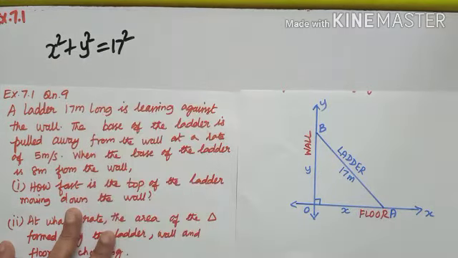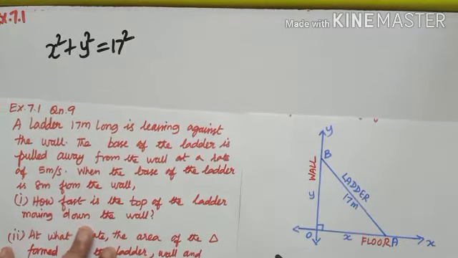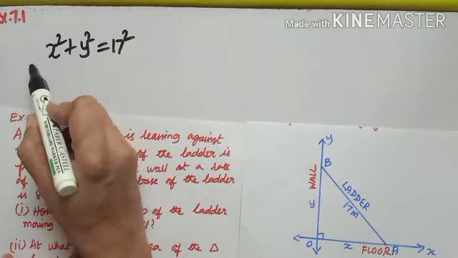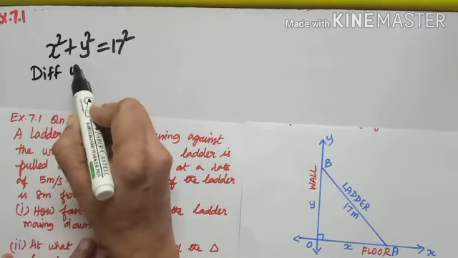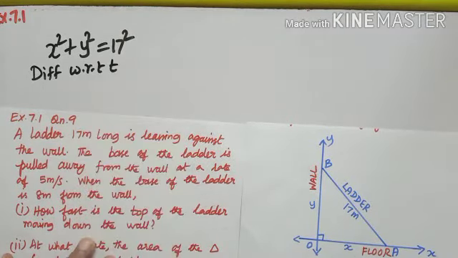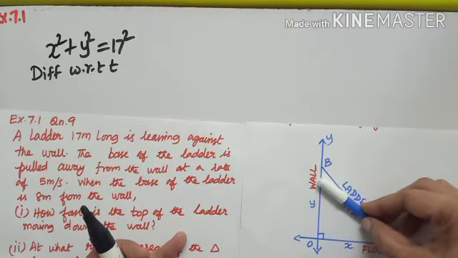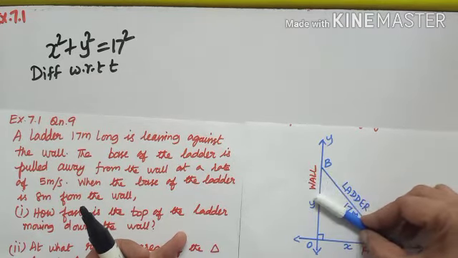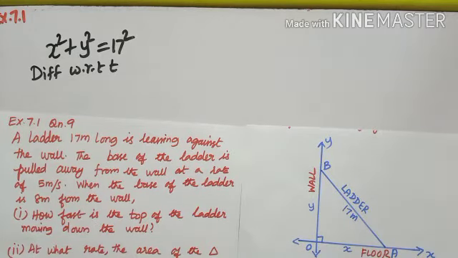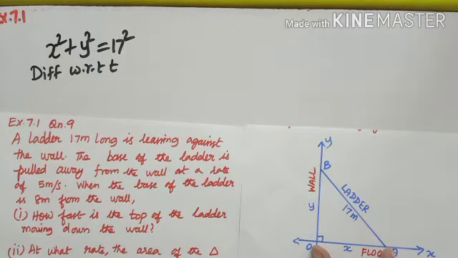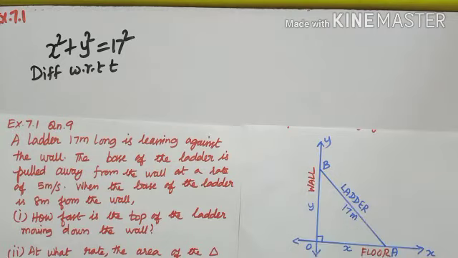And what is all given to us when it is given this way? Differentiate with respect to t, because we are changing the ladder's position. As I am changing with respect to time, the base changes in length, the height also changes in length.